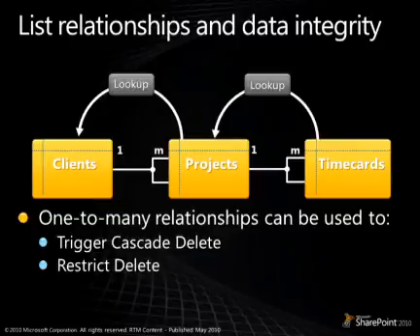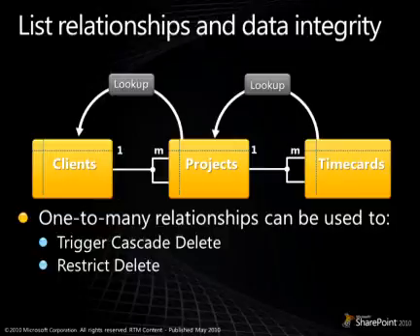When we create relationships between the lists, we can also enforce data integrity. There are two different kinds of options available: trigger cascading delete or restrict delete. Let's have examples of both of the options from the picture on the slide.